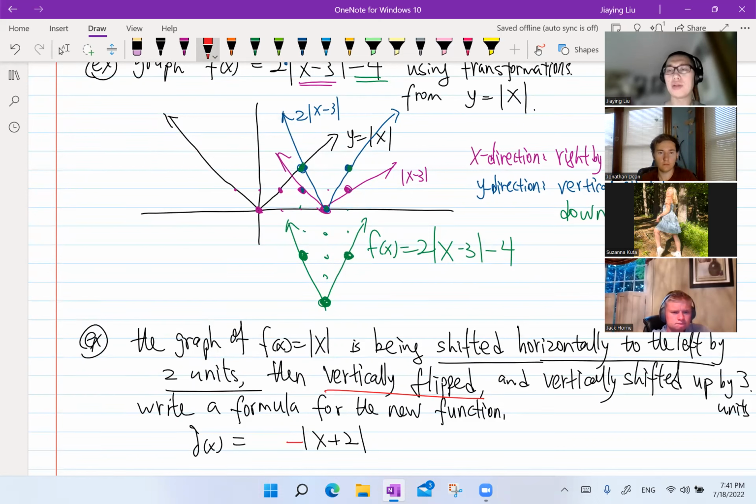And at the end, we're going to shift up vertically by 3. When we shift it up by 3, that's going to be taking the whole expression we have, because those are the y, and we add 3 to shift it up by 3. And that will be the formula for the new graph we get.